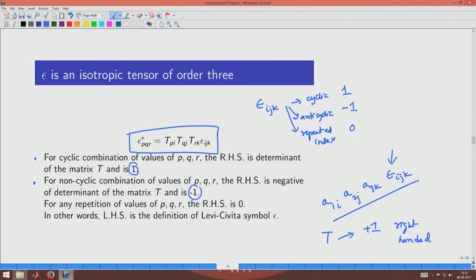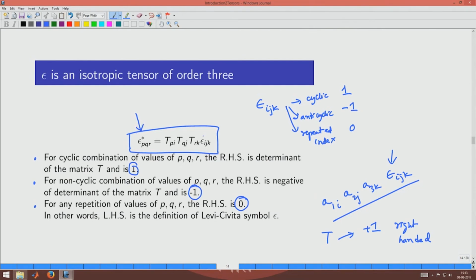So, we get the determinant of T being -1, and then when we have any indices matching, that means that there is a coplanarity, and therefore, we get a 0 there. So, the values that you are getting, 1, -1 and 0 for cyclic, non-cyclic and repeated indices, is nothing but the definition of epsilon itself. So, on the left hand side what we have is epsilon itself.